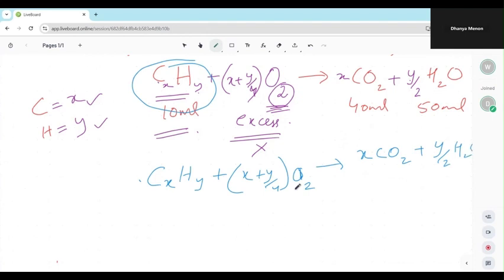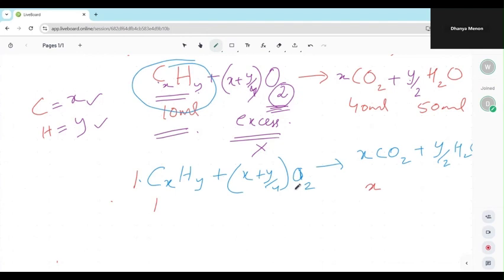Now, looking at the balancing numbers, what is the balancing number for CXHY? It is 1, right? So 1 mole of CXHY is giving you X moles of carbon dioxide, right?